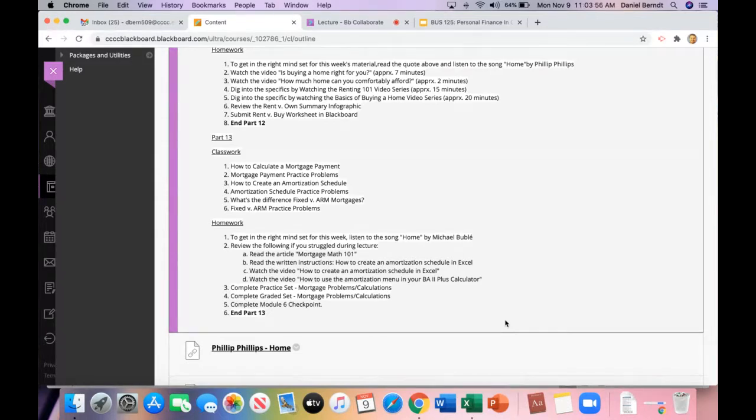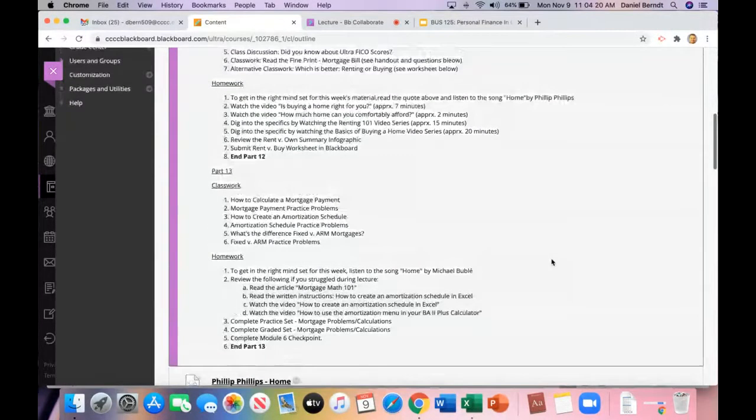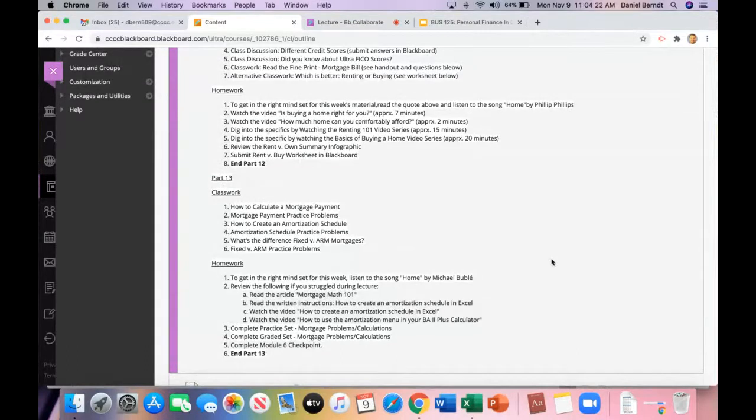But hopefully you're using Excel, because when it comes to the amortization schedule, it's much more visually pleasing to be able to see the whole schedule from one point of view, although there is a built-in amortization schedule on the BA2 calculator for those of you that have it. It's there, but knowing how to navigate it is a little tricky. Okay, are there any questions before we get started?